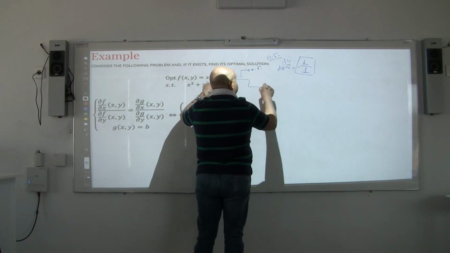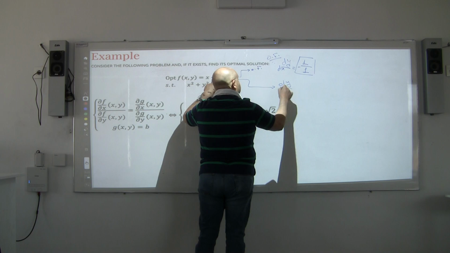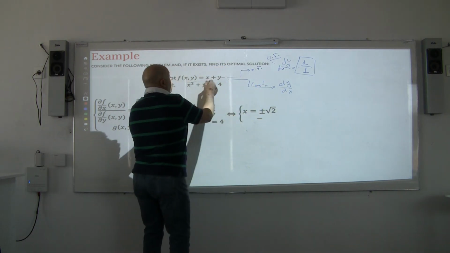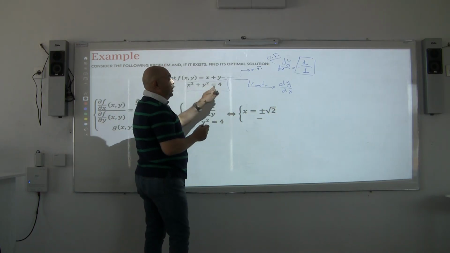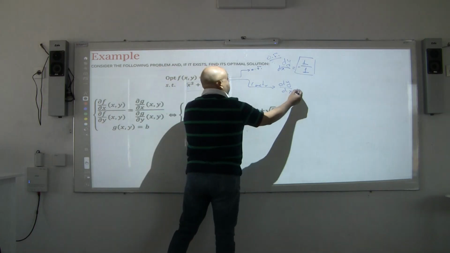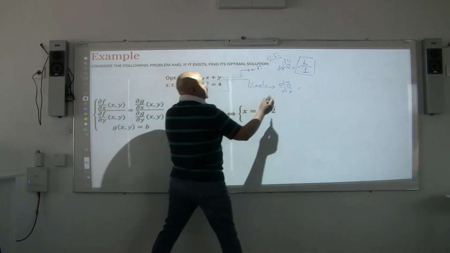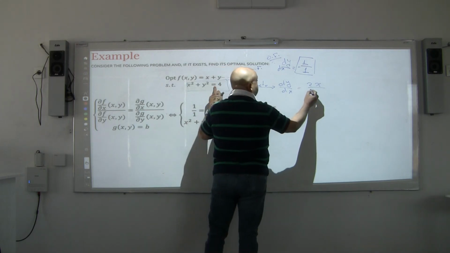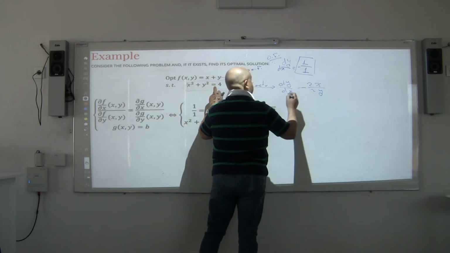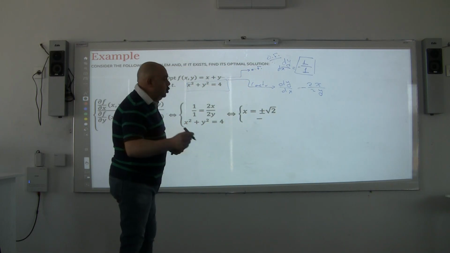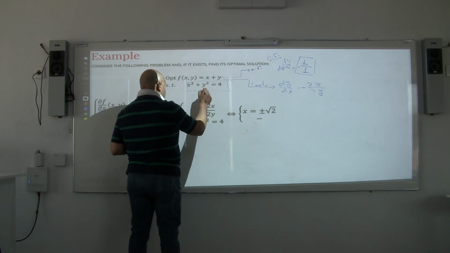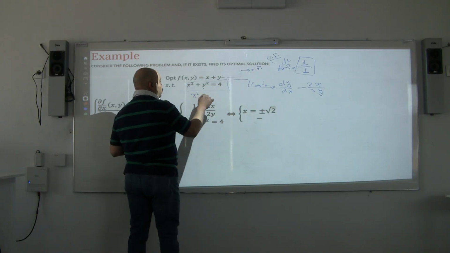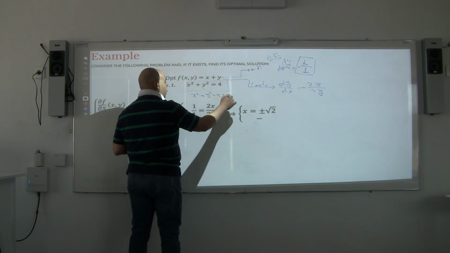I will do the same, also getting dy by dx, but from the constraint, which is x squared plus y squared equal to 4. Differentiating with respect to x gives 2x. Differentiating with respect to y gives 2y, of course with a negative sign. And yes, you are right about this constraint: it should be written as x squared plus y squared minus 4 equal to 0.